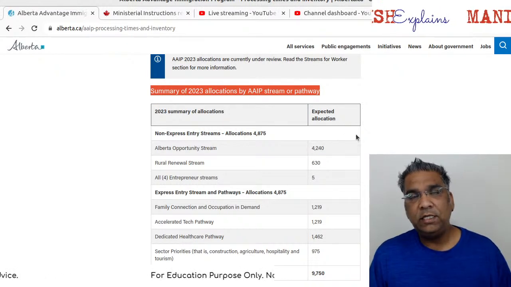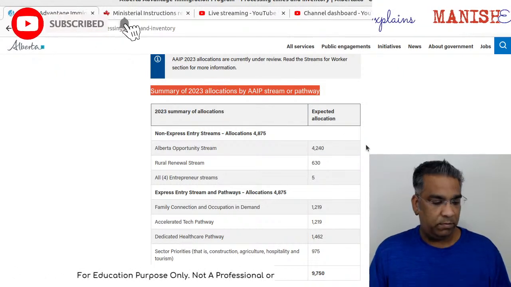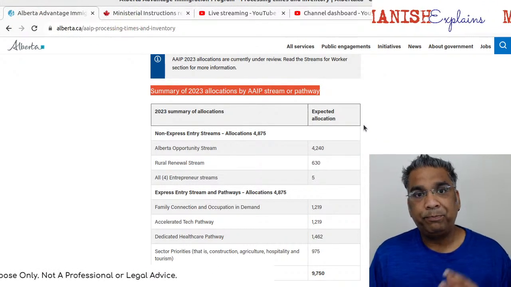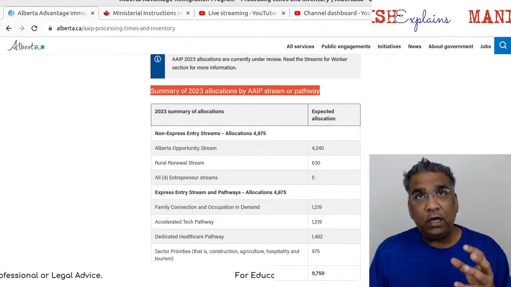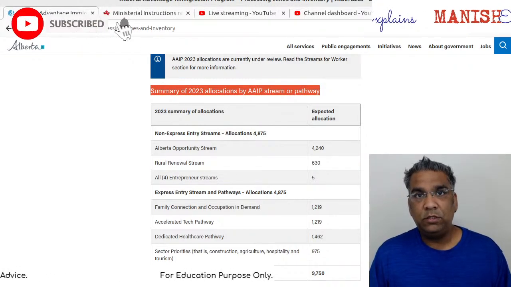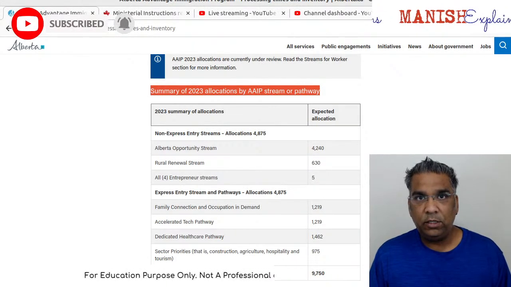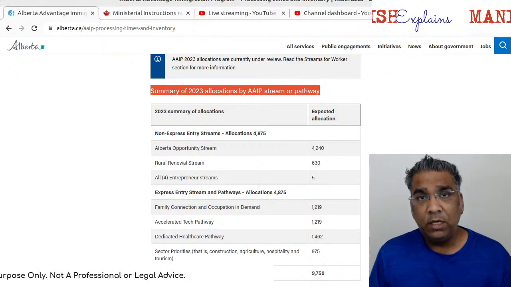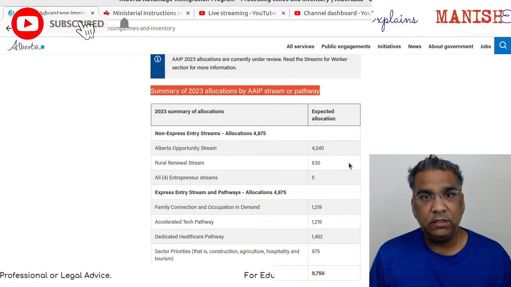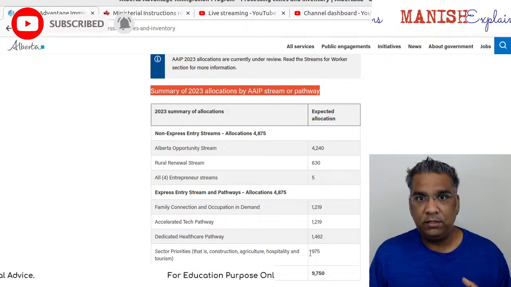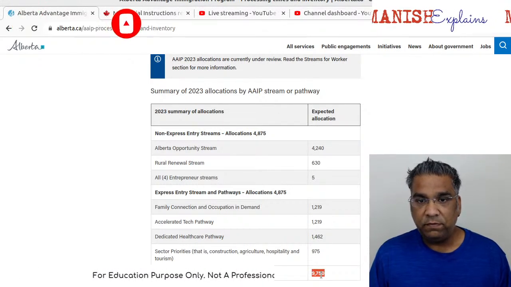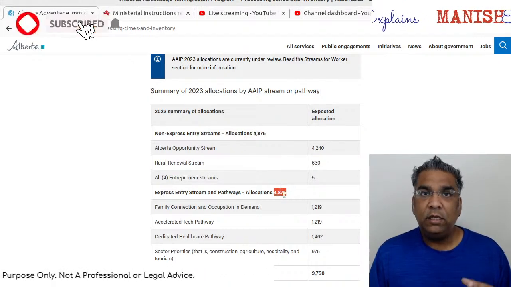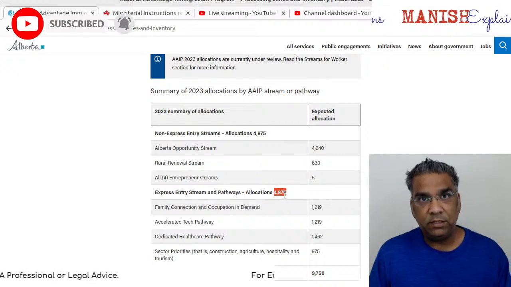So IRCC provides each of the provinces under the PNP a limit of certificates that they can issue. And how a province chooses to use that certificate limit within its different programs is up to the province. What Alberta has done is it has got a total allocation of 9750 and it has distributed it equally between the non-express entry streams and express entry streams.